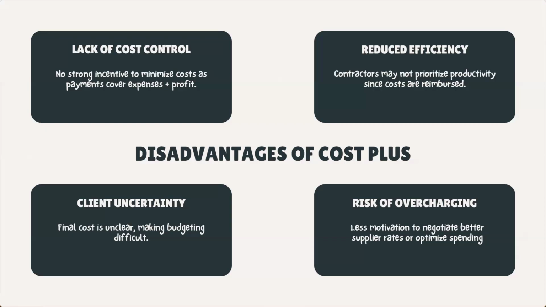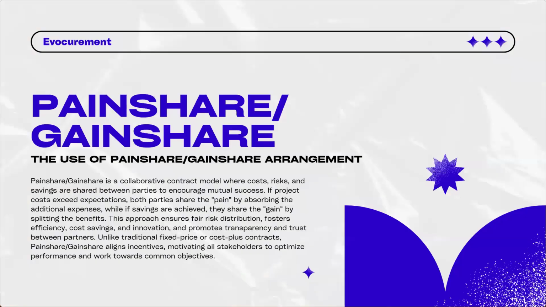So they can inflate the price and they don't want to share transparency about their price and their cost. They can collude with the subcontractor to inflate the price and overcharge the buyer. So pain share gain share agreement could fix this problem.